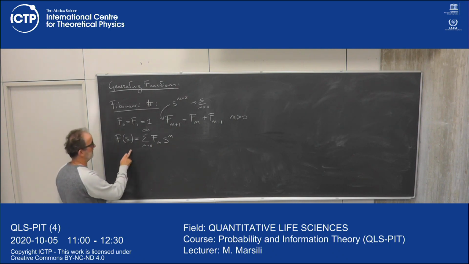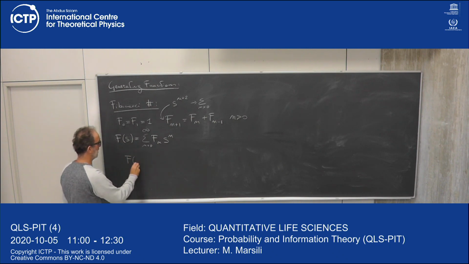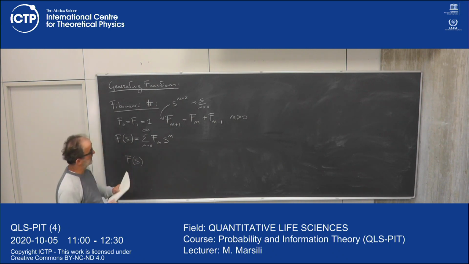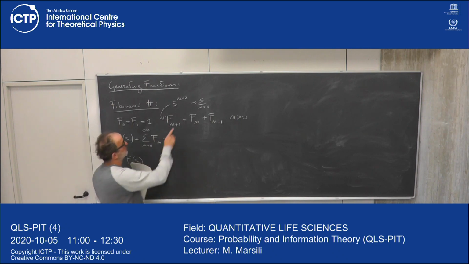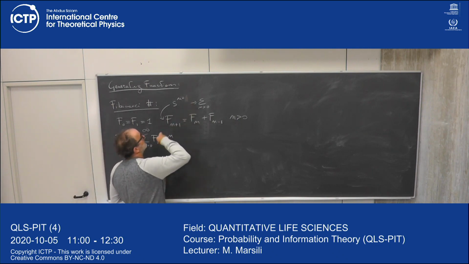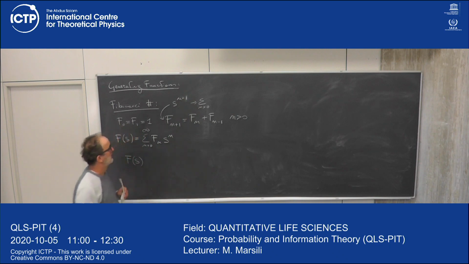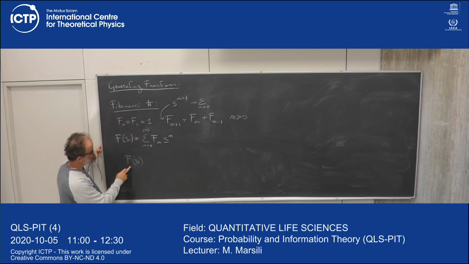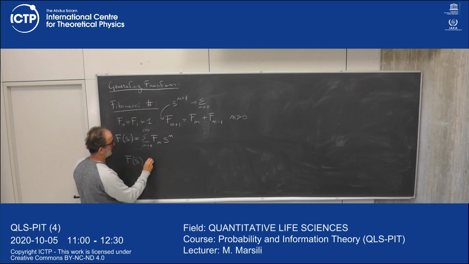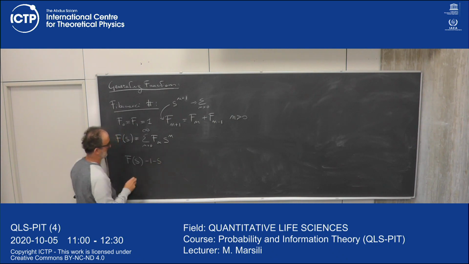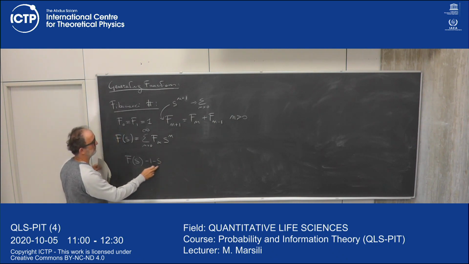Well, on this side you will get, so you multiply by s to the n plus 2, this exactly this series minus the first two terms, which are 1 and s. So you get f of s minus 1 minus s.